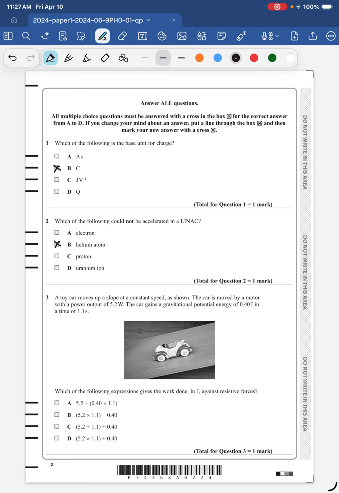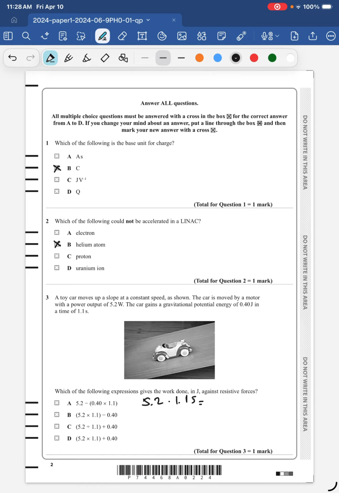Which of the following expressions gives the work done in joules against resistive forces? Okay, so if we multiply 5.2 watts by 1.1 seconds, we will find the energy spent in this procedure, right? I mean, the energy given by the motor, okay?